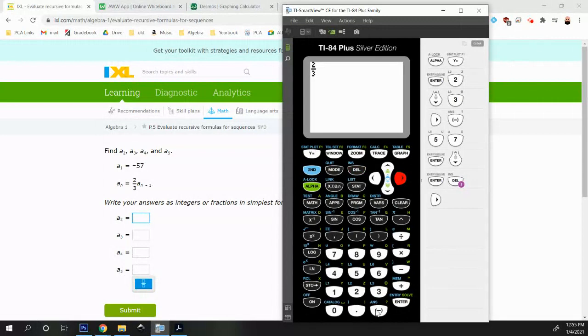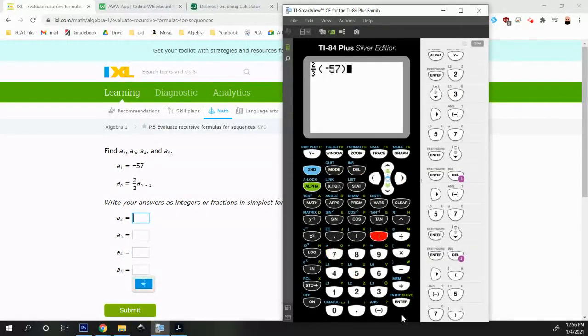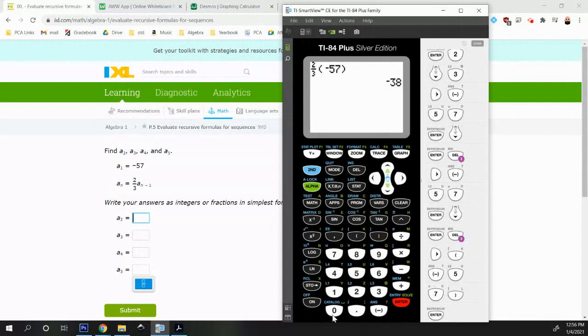Over, then -57. Press enter. Are you really not going to do this, calculator? In case you can't tell, it's not been a good day for me. Let's try parentheses, see if that's messing with it. There we go. Goodness gracious, -38.